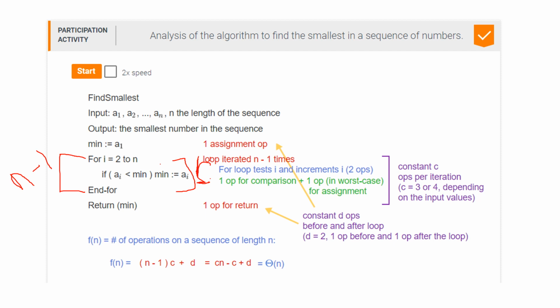Okay, and then we have these other two here, this one here and that one there, which we could add up to be 2. But they say, well, again, let's just not worry about the number and just say it's some constant d. So that's how we get n minus 1 times c here. It's c inside that n minus 1 loop there, plus the d. Then we could simplify that. We get a function here.